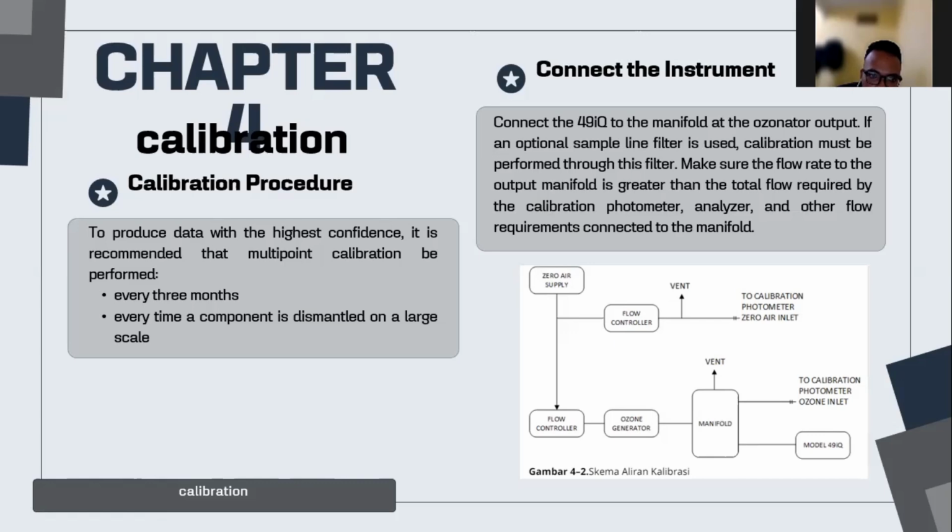If an optional sample line filter is used, calibration must be performed through this filter. Make sure the flow rate to the output manifold is greater than the total flow required by the calibration photometer, analyzer, and other requirements connected to the manifold.